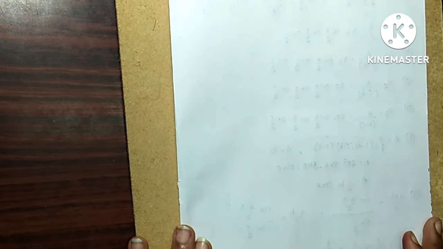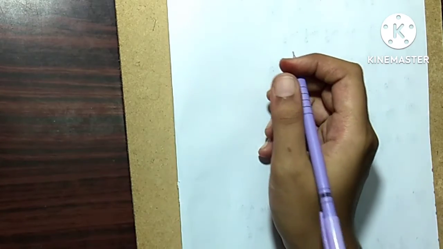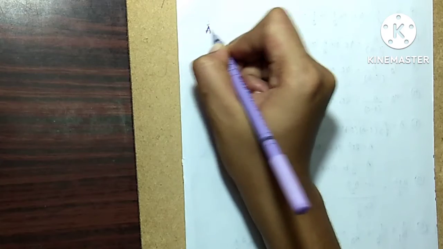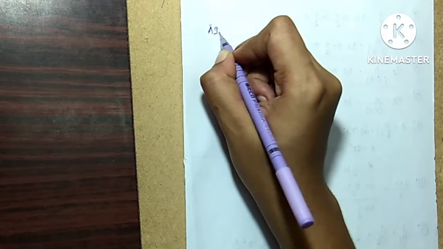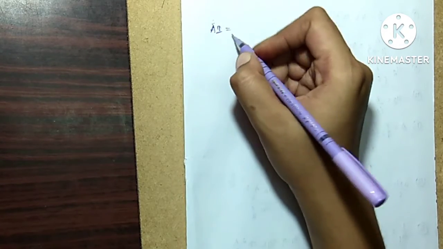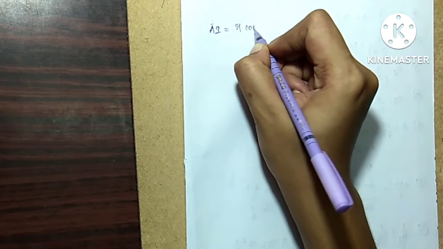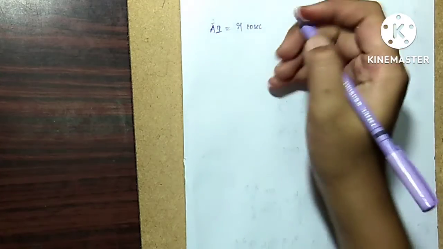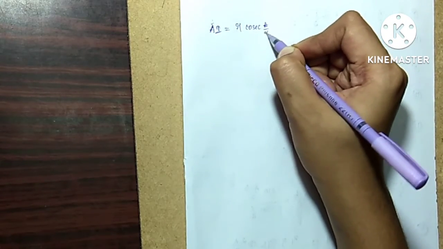The formulas are, if I1, I2, I3 are the incenter and excenters of a triangle ABC, then AI is equal to R cosecant A by 2. This is not cos or sine, this is cosecant A by 2.